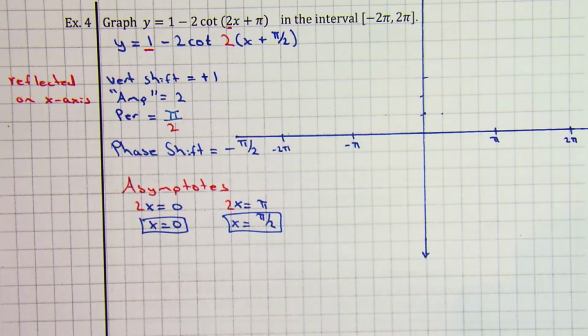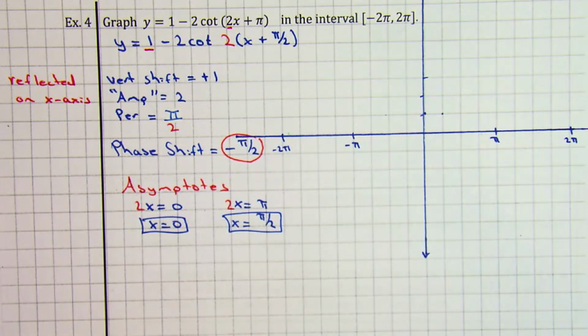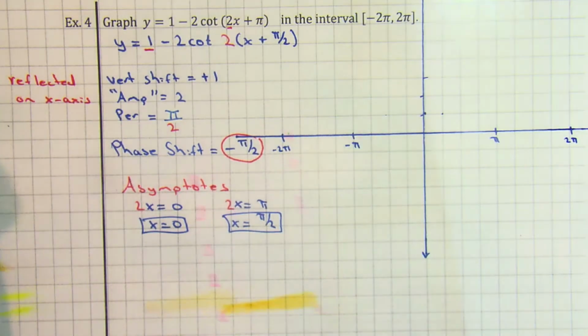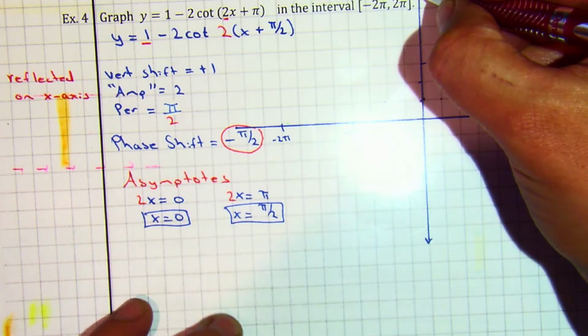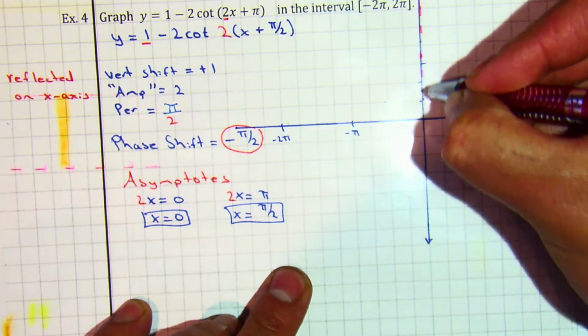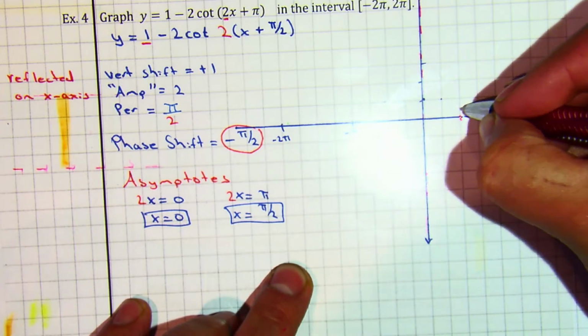So how do we start? We start by building our asymptotes, which are 0 and pi over 2, but we do need to shift it. So at 0 is to be here, and at pi over 2, which is here.